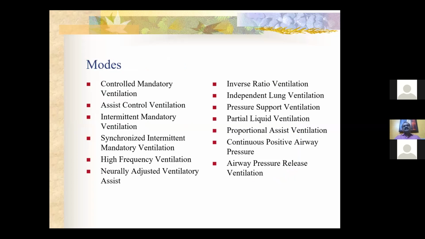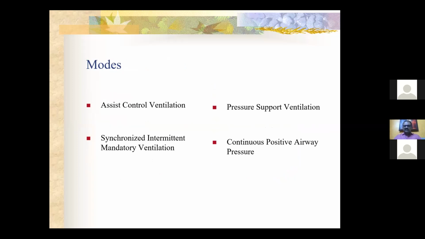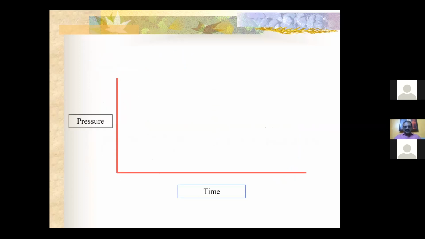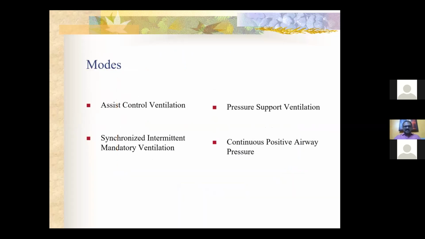So if you take modes of ventilation, there can be many modes, umpteen in number, and newer modes are coming up. But if we take out all the other modes, what we usually use is assist control ventilation, pressure support ventilation, then SIMV or synchronized intermittent mandatory ventilation.